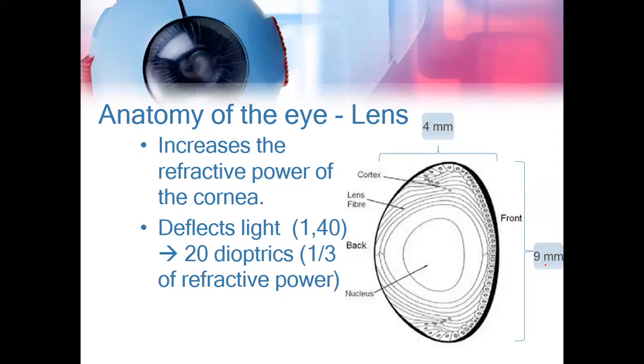In an adult, this structure, the lens, in Spanish would be cristalino or lente, has a vertical diameter of approximately 9 millimeters and a thickness of 4 millimeters.